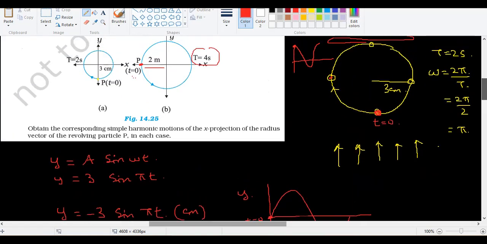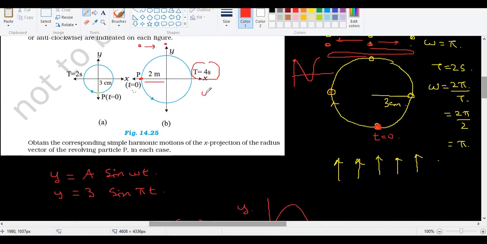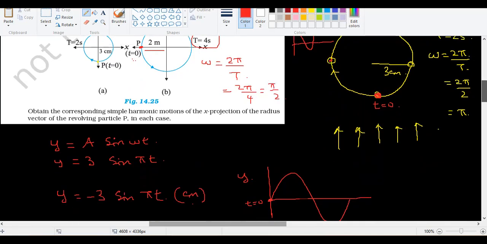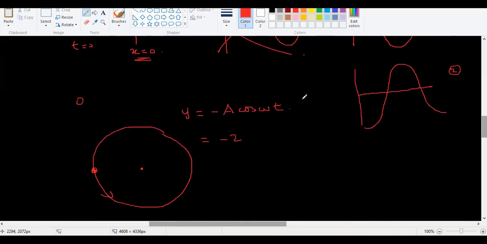Omega you have to calculate from T, so omega is equal to 2 pi by T. 2 pi by 4 becomes pi by 2. So omega is pi by 2, and y is equal to minus 2 cos of pi by 2 into t. That will be the answer. This will be in meters, because here the amplitude is in meters, so this will also be in meters.